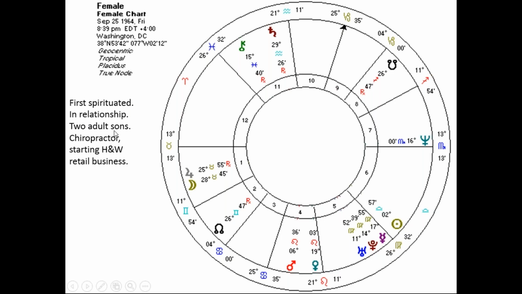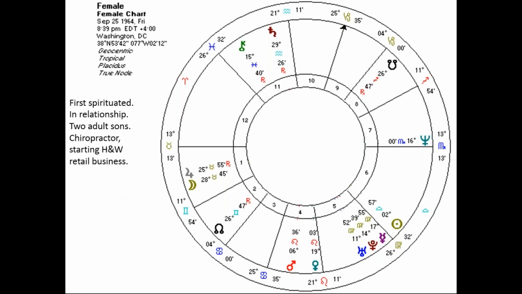I couldn't remember if you had 1 or 2 sons. Yes, 2. Okay, two adult sons, and you're a chiropractor, and you have been starting your own health and wellness metaphysical retail storefront business. I can't remember, is that open already? No, it's in the process. You're in process of just really moving and expanding into that metaphysical world.